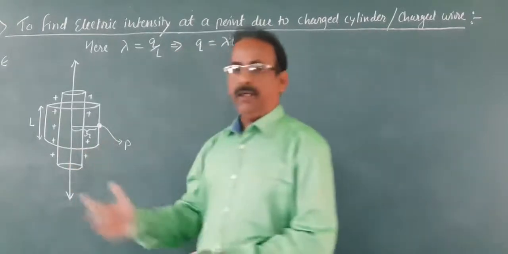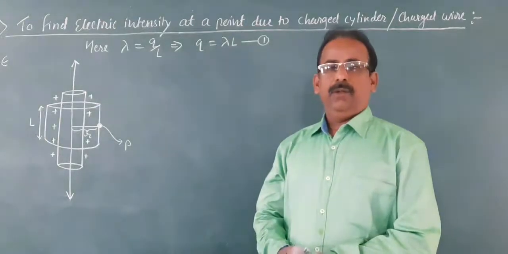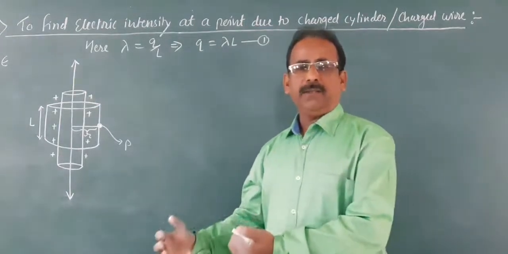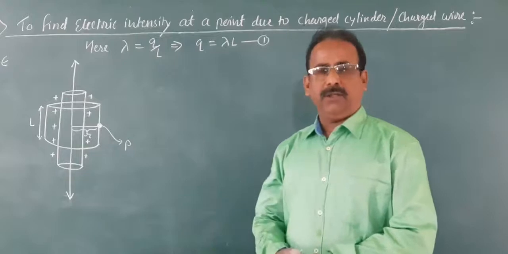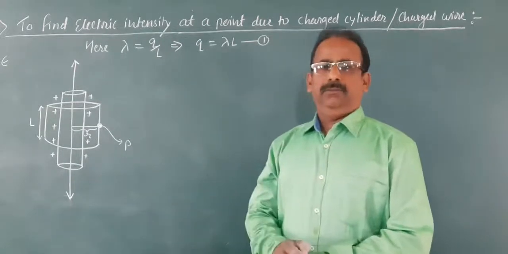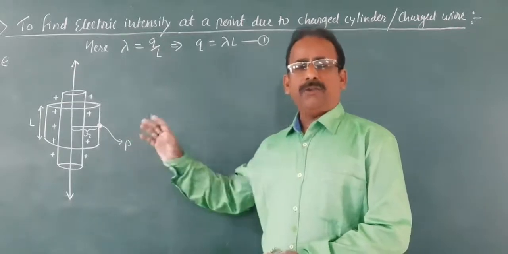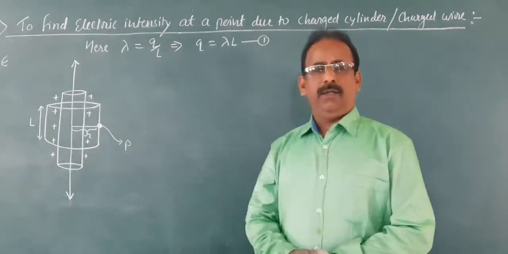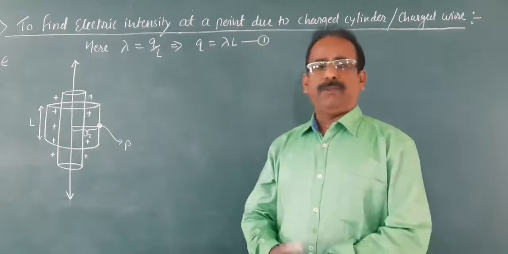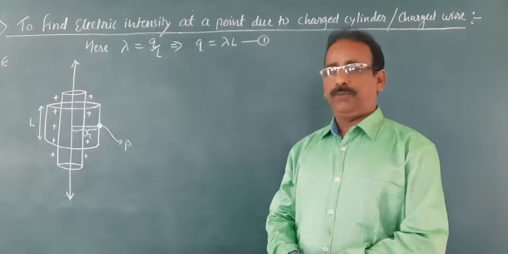Now we have to find the electric flux over this Gaussian cylinder, and after finding it, use Gauss law. By Gauss law, the electric flux over this Gaussian cylinder is equal to 1 upon epsilon times the charge enclosed by that cylinder.